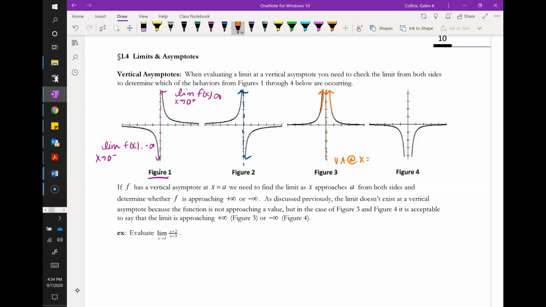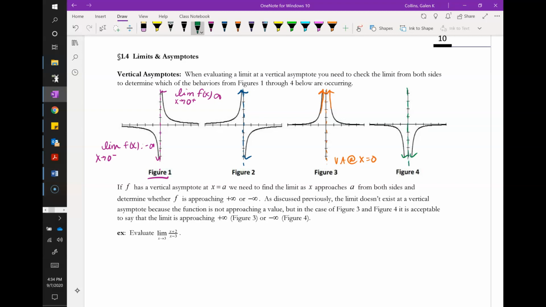And again, all these vertical asymptotes are occurring at x equals 0. And then lastly, in figure 4, the fourth possible outcome is that both parts of the graph are headed towards negative infinity as we approach that vertical asymptote from each side.